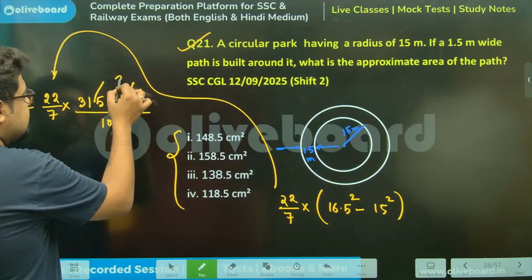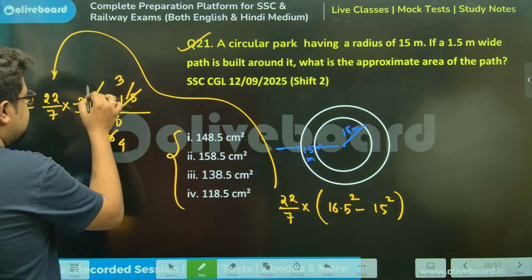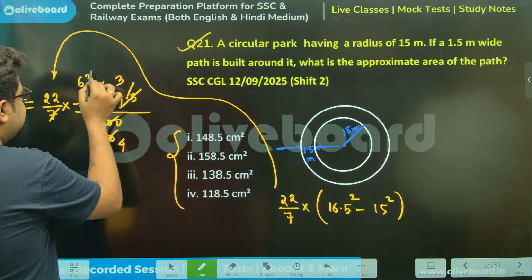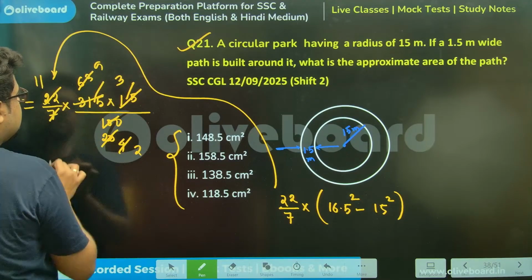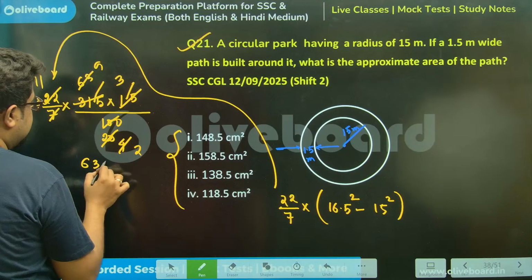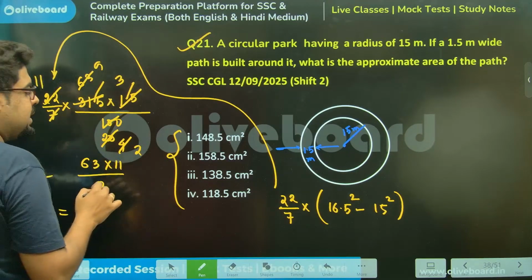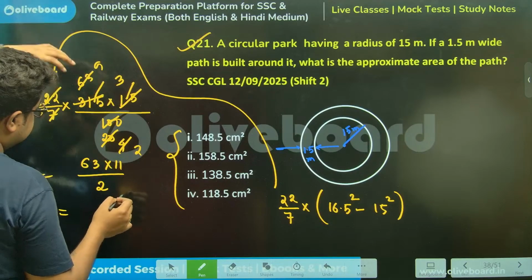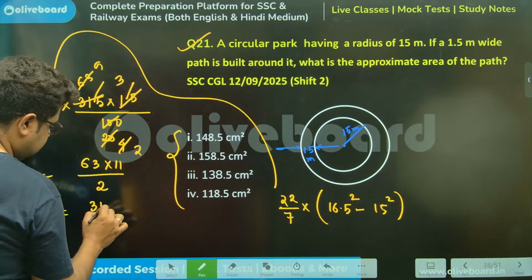Sir, 5 threes are this, 5 20s are this, 5 fours are this, 5 6 30, 7 nines are this. This is 2, this is 11. 63 into 11 by 2, sir. So this is going to be 63 into 11. 63 into 11 will be how much? So 31.5.